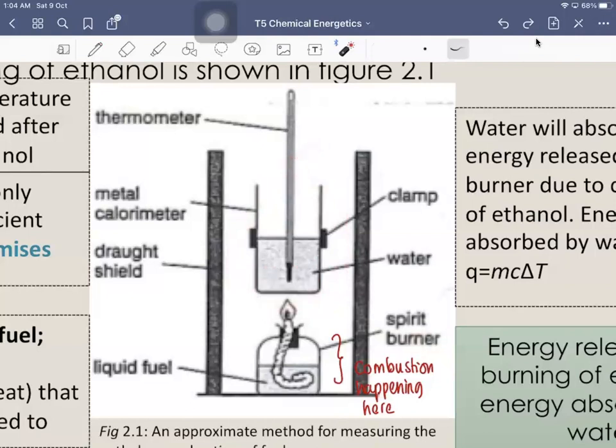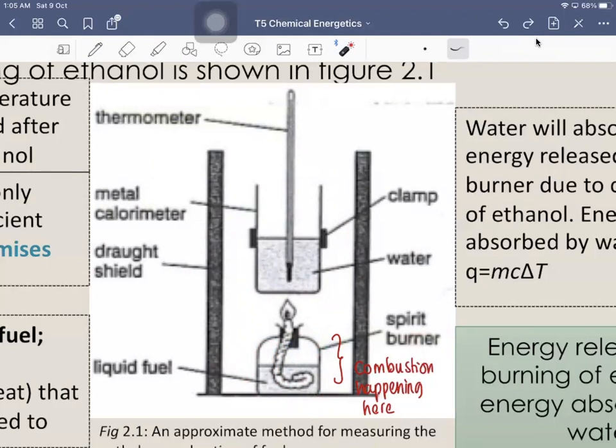Now you may argue, what if my combustion heat is not directly transferred to the water? This is where heat loss comes in. The heat transferred would be the one closest to the beaker of water, and you will have some heat transferred to the environment, to the string, to the burner, everything else. That's why we acknowledge there is some heat loss.